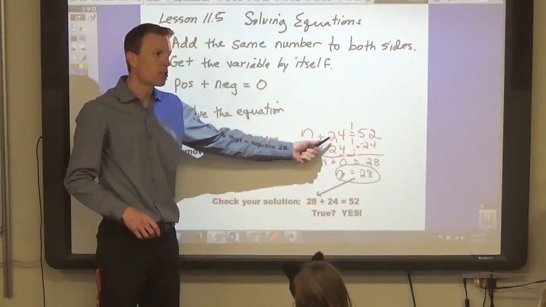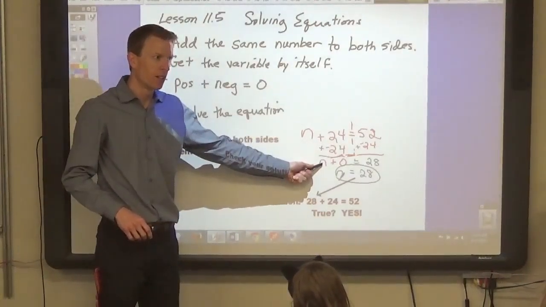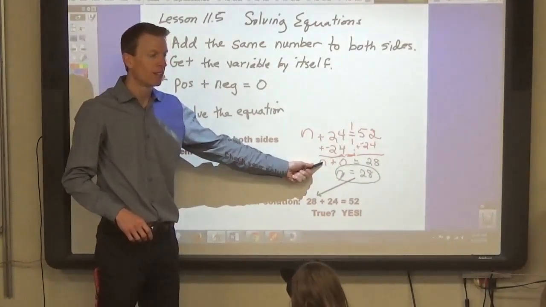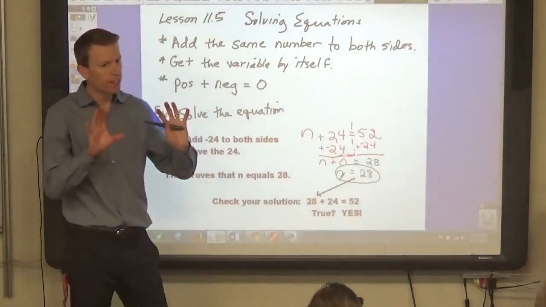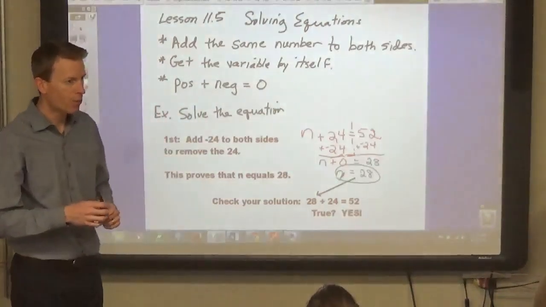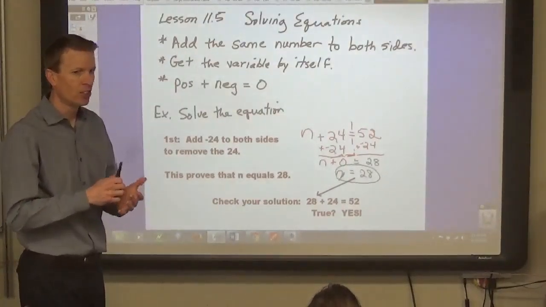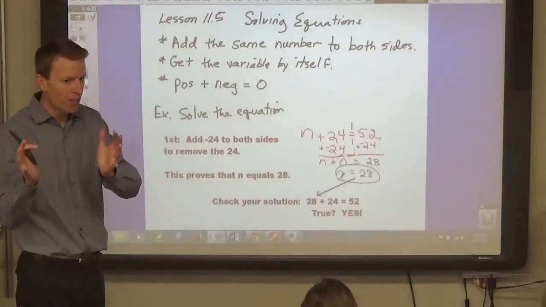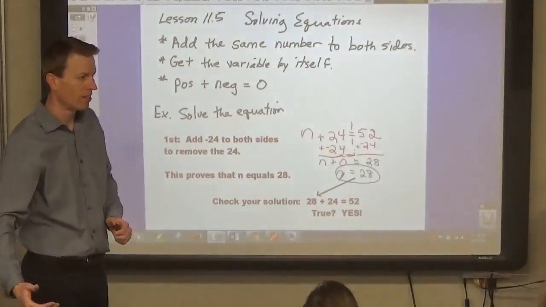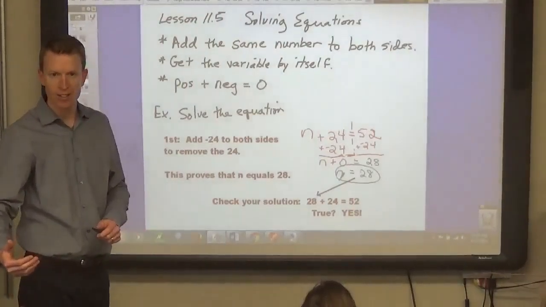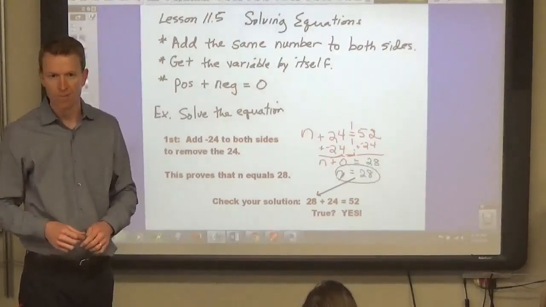What you're learning how to do is prove the solution. It's very different than just finding the answer. You're proving the answer by following the rules of the game. Just like a lawyer has to prove their client is innocent or guilty by following the rules of court. That's what we're doing. You're learning a process.